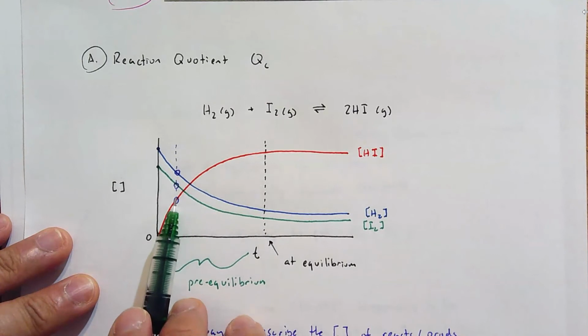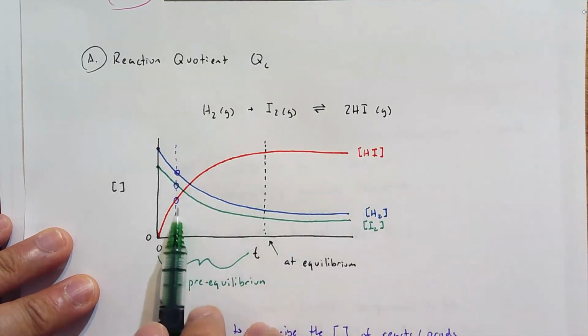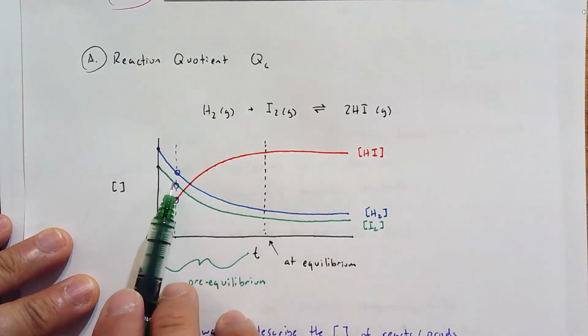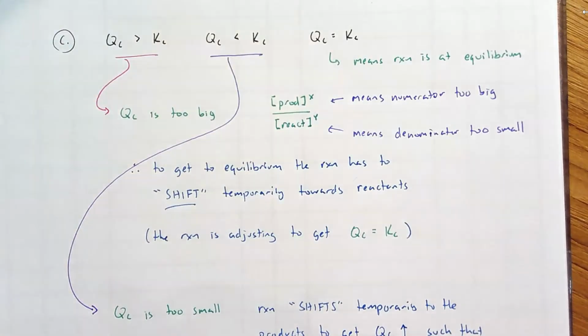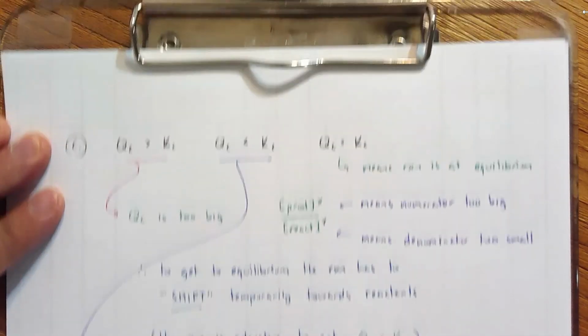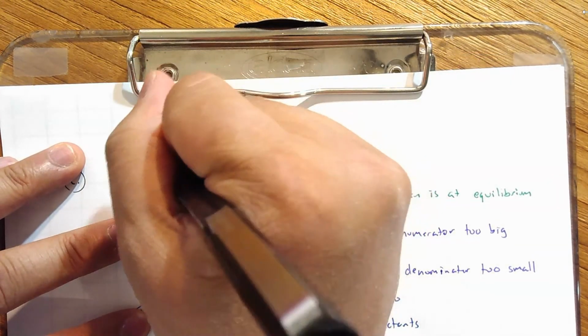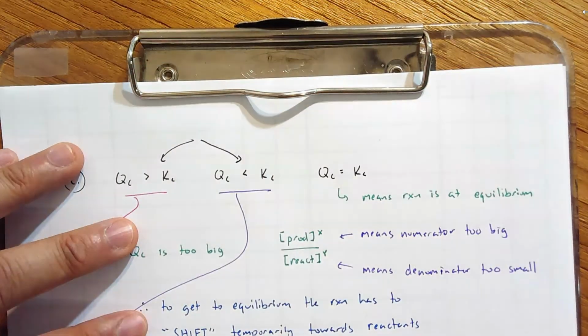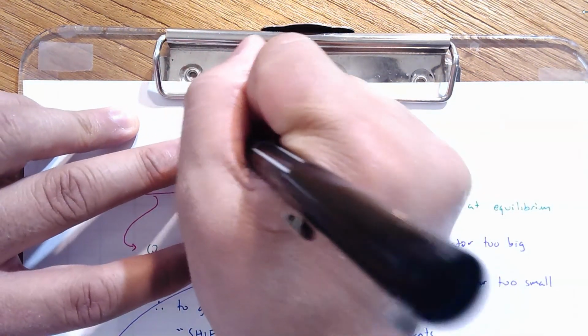So the reaction is going to push towards the reactants to try to get the HI larger and the H2 and the I2 smaller. Let's add that. So these two situations, those are off equilibrium. They're not at equilibrium.